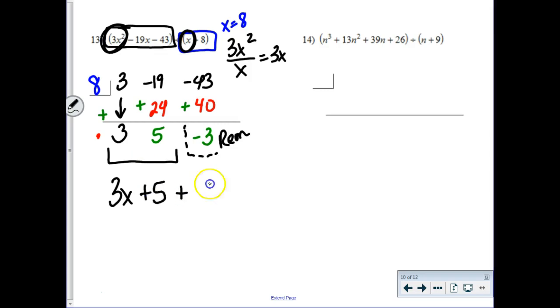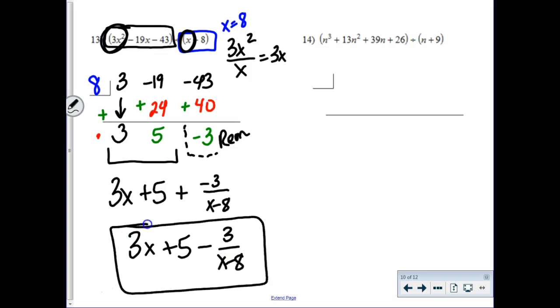And I'm okay if you say plus a negative 3 over x minus 8. But most people say 3x plus 5, and then instead of plus minus, they just make that a subtraction. And that's the final answer they give me. So frankly, I'll take either one of those answers. I don't really mind. Didn't like how big that went; it covered up my minus sign. There we go. Okay, so that's going to be your test.